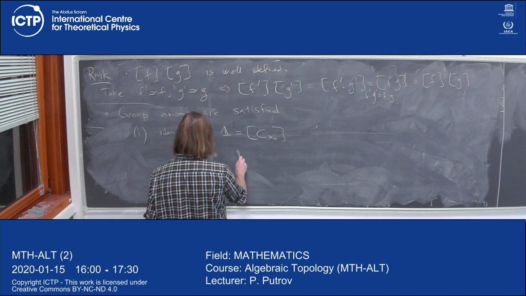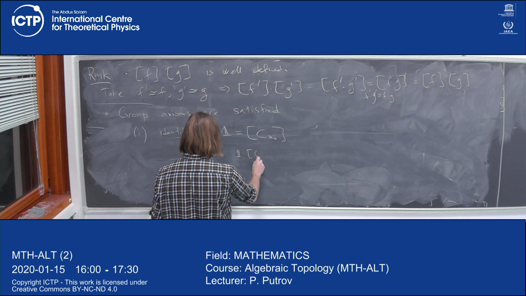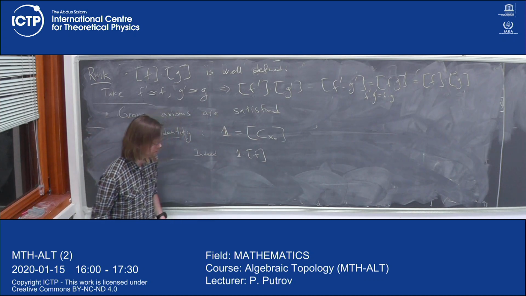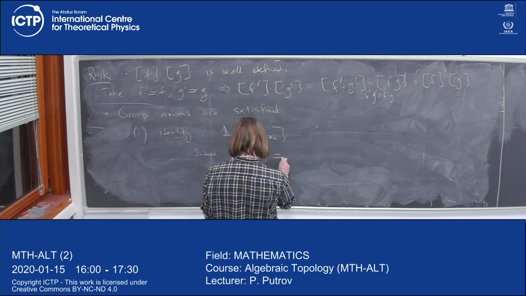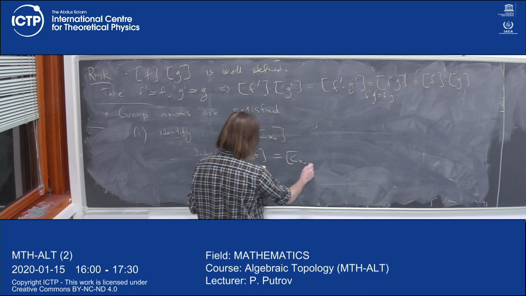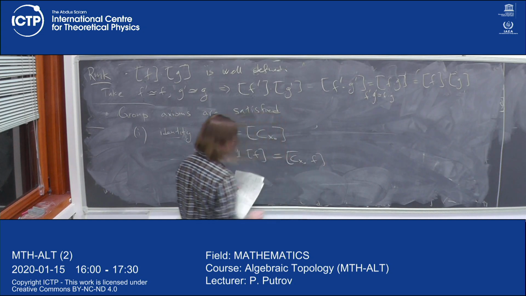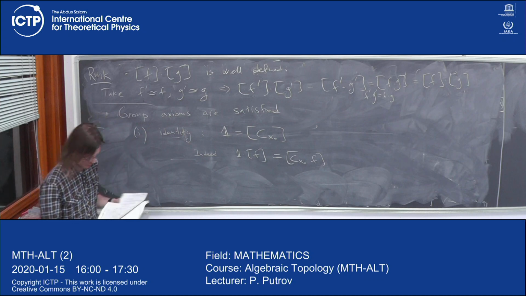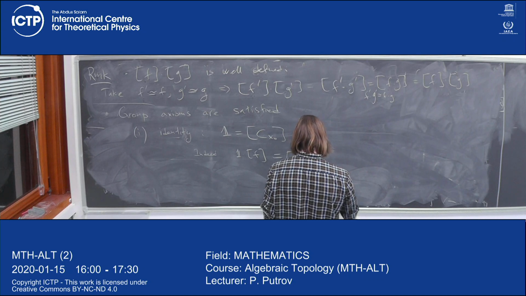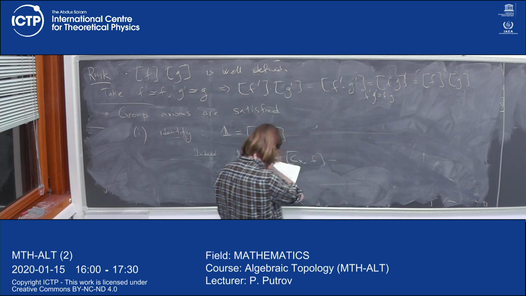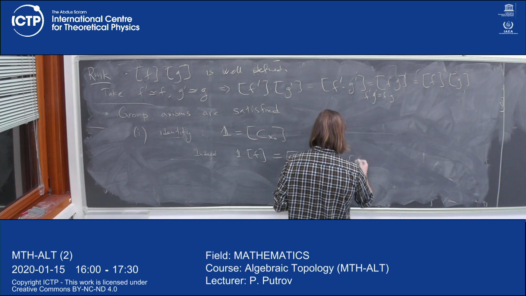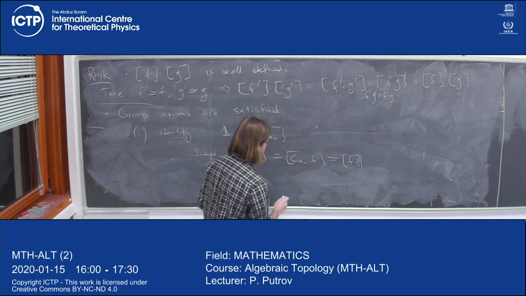So in particular, if I multiply it from the left on some group element given by an equivalence class of a path f, by the definition of the product this is the same as the composition of a constant path and path f.